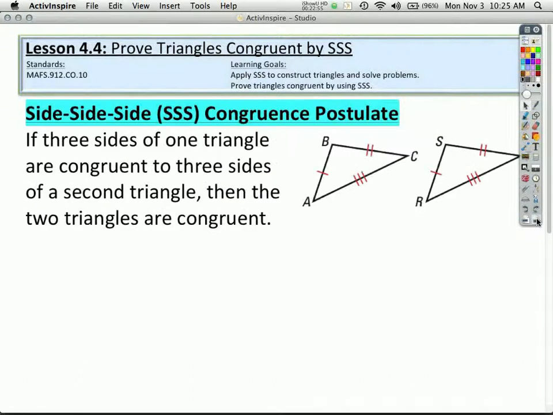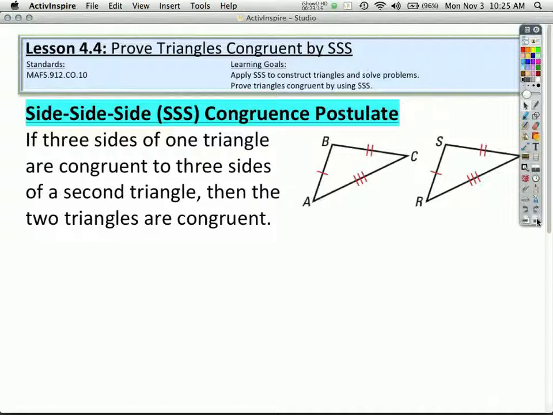Okay, so let's talk about the postulate. It's on your cheat sheet. It's quite simple. If you have 3 sides of one triangle congruent to 3 sides of another triangle, then the triangles are congruent.